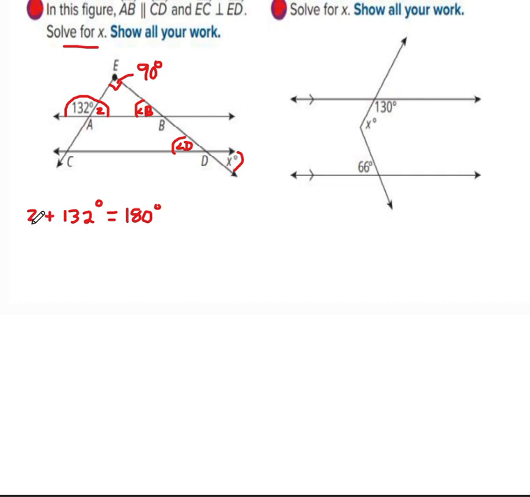So angle Z plus 132 degrees will give us 180 degrees.